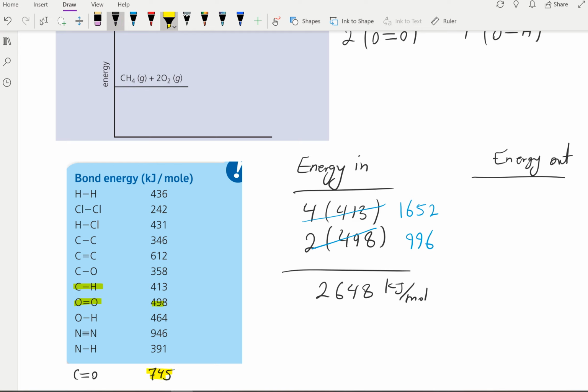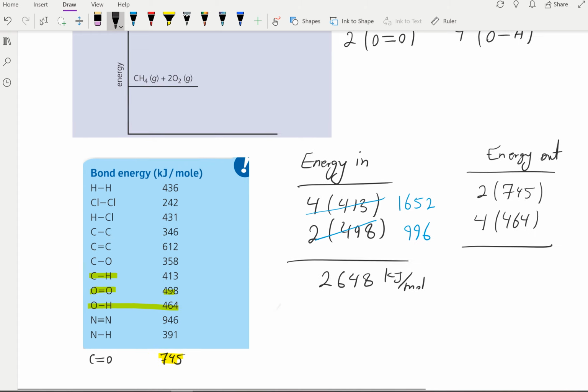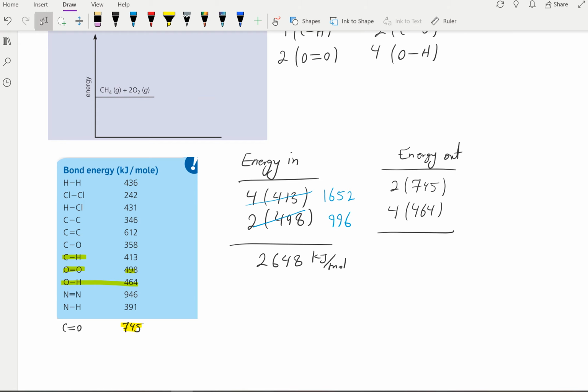So 2 times 745, and we have 4 O-H bonds, which is given here, 464. So the total energy out for this reaction would be 3346 kilojoule per mole.